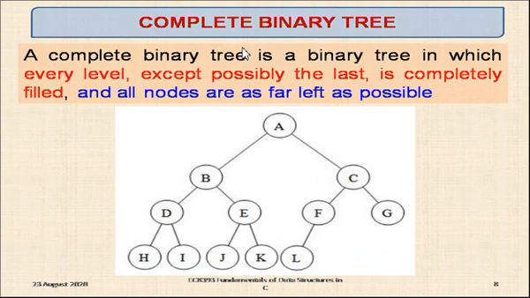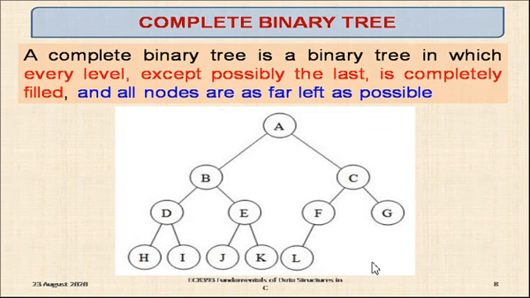Then complete binary tree. The definition of this is that a complete binary tree is a binary tree in which every level, level 0, level 1, level 2, etc., every level except possibly the last, is completely filled, and all the nodes are as far left as possible. You see here the bottommost level of a tree need not be fully filled.